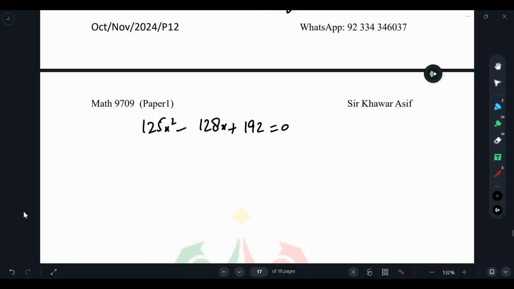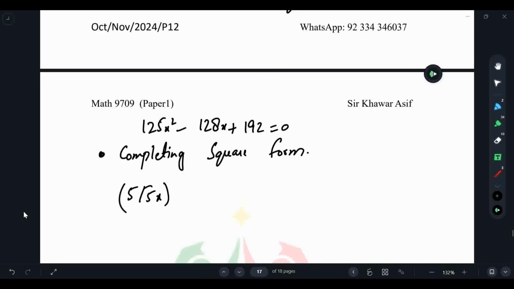So we need to try to write this one in completing square form. How can we write this one in completing square form? We can write 125 as 5 square root of 5x whole square minus 2 into 5 square root of 5x.